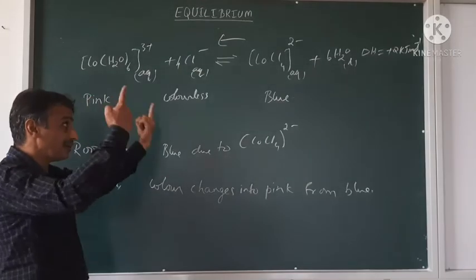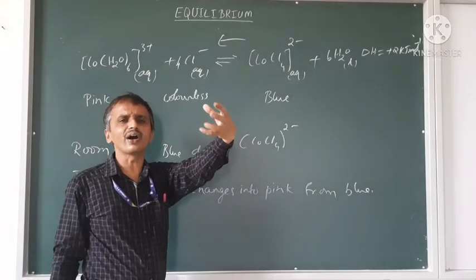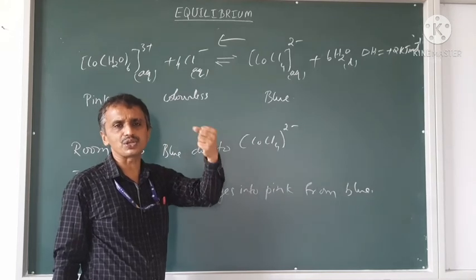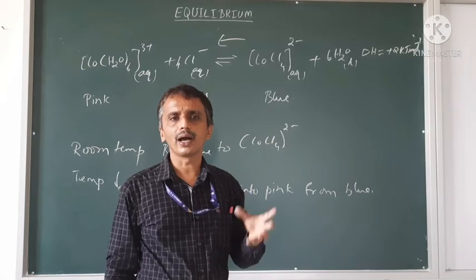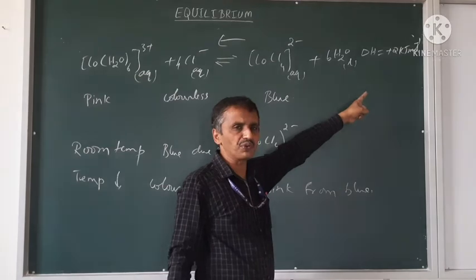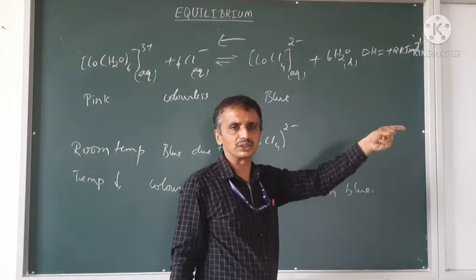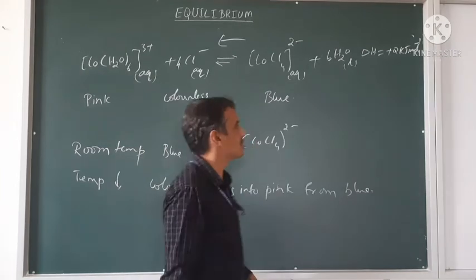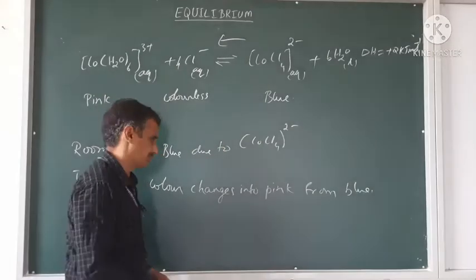And if you have a high temperature, the blue color intensifies, because as the temperature increases, the reaction tries to decrease it by absorption of heat. And absorption of heat is endothermic only, which is in the right direction. In the forward direction, absorption of heat is there, meaning the blue color intensifies.